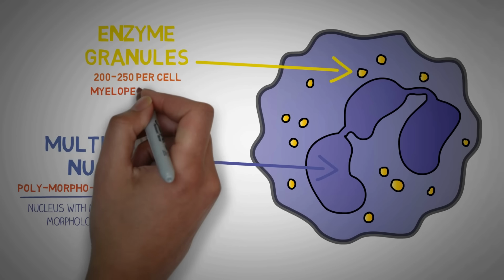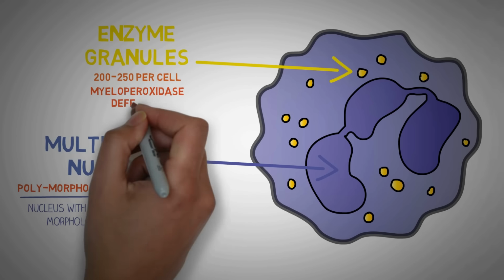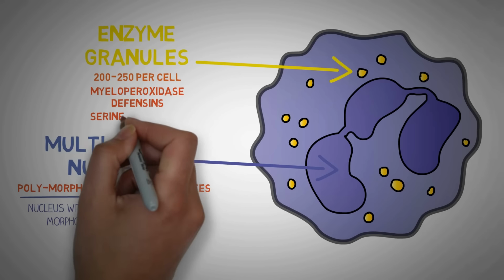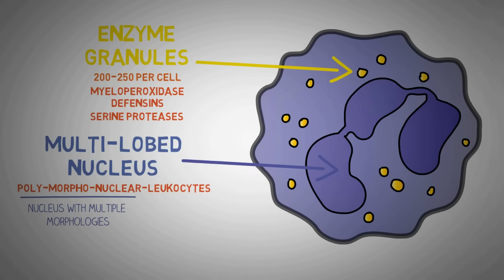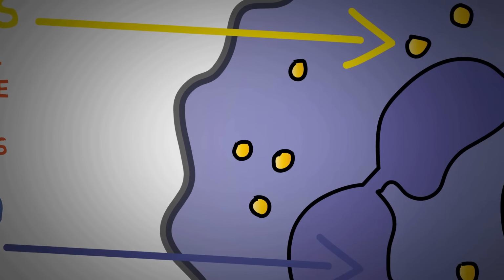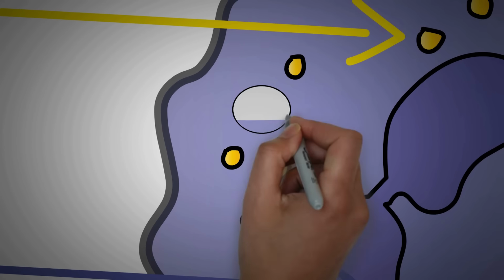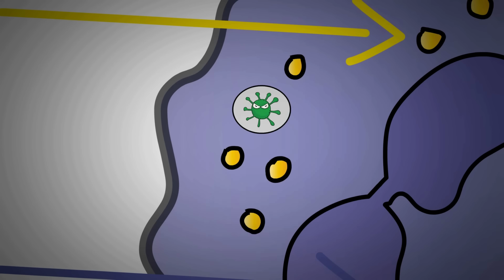The neutrophils release enzymes like myeloperoxidase, defensins, serine proteases, and various cytokines that have numerous functions in our immune system. They also release several other chemicals like alkaline phosphatase, NADPH oxidase, lysozyme that help in eliminating these pathogens. Like I told you, they are phagocytic cells that detect and eat up pathogens like bacteria.